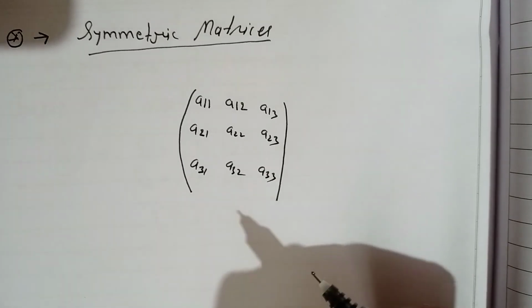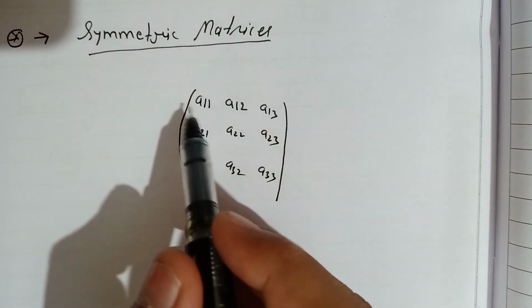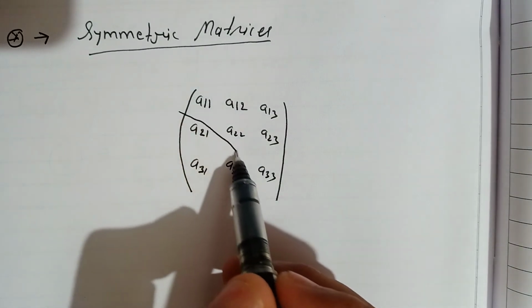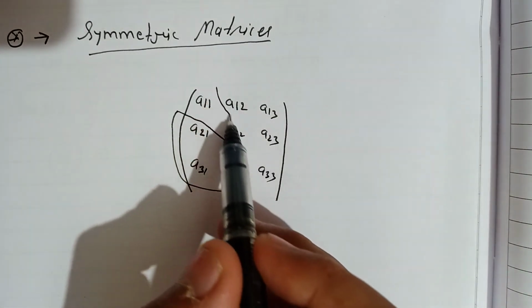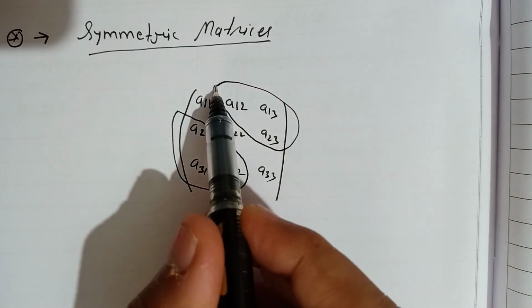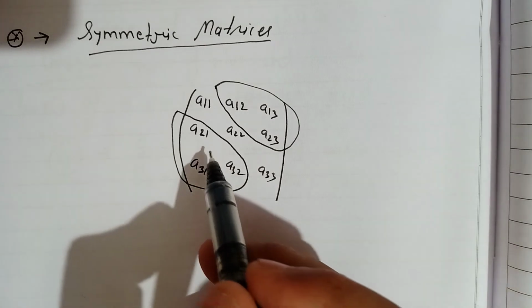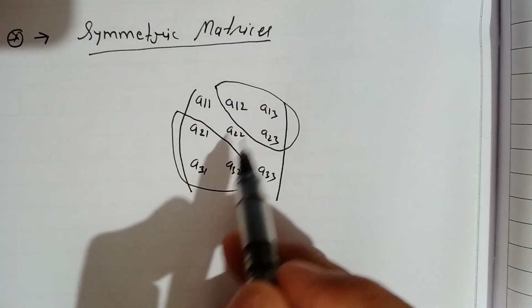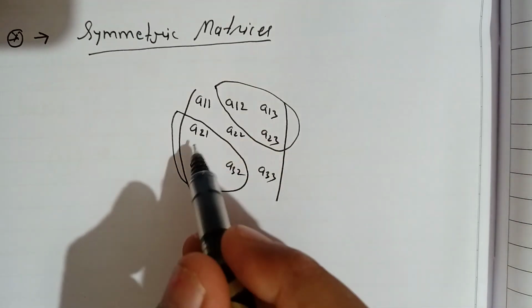If you take the symmetric matrix, this part will be completely the mirror image of this part, right? In a symmetric matrix, it means if you fix these three elements, automatically this will be fixed.